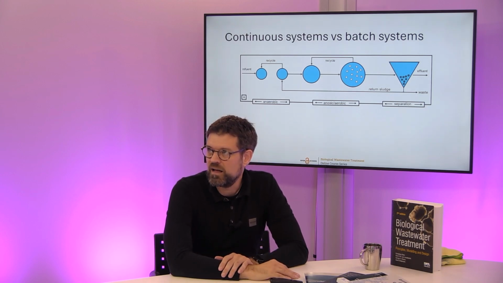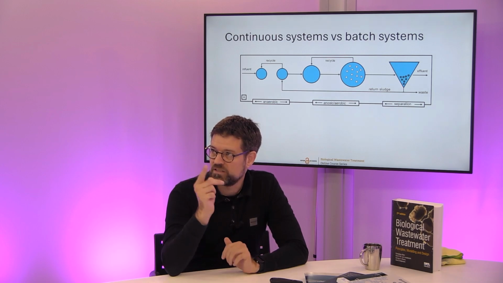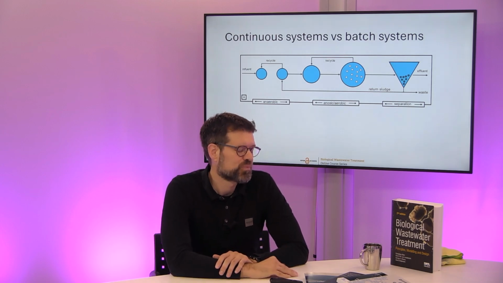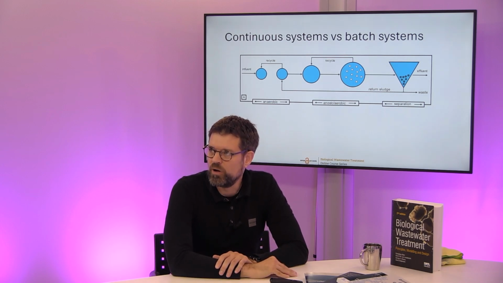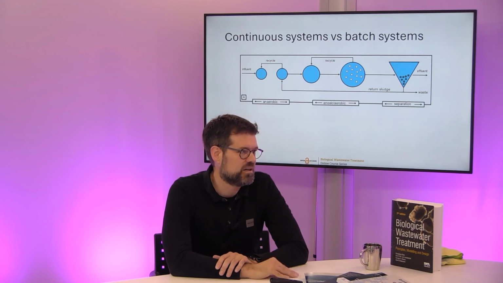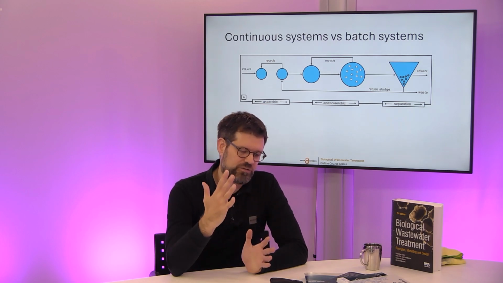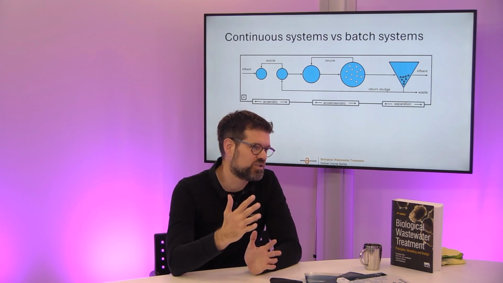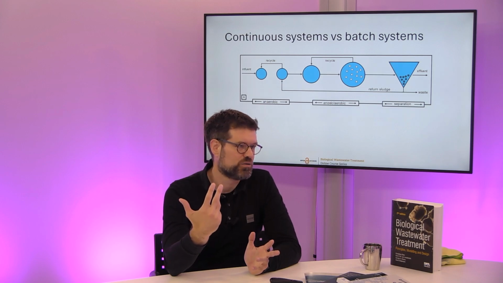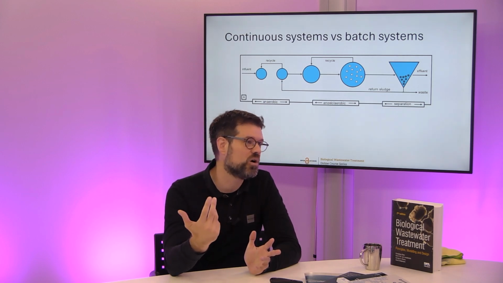I drew a scheme on the PowerPoint where you can see a very common continuous system, a UCT process, where you have an anaerobic part of the process, an aerobic part of the process, anoxic zones, and then you do settling.